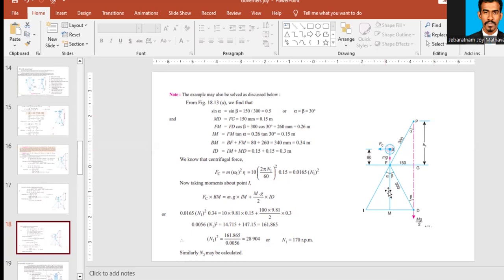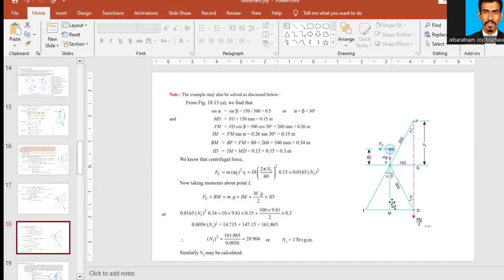And MD, this length, is equal to this length FG, which is equal to 150. So this length is 150 and therefore this length is 150. MD is equal to FG is equal to 150.